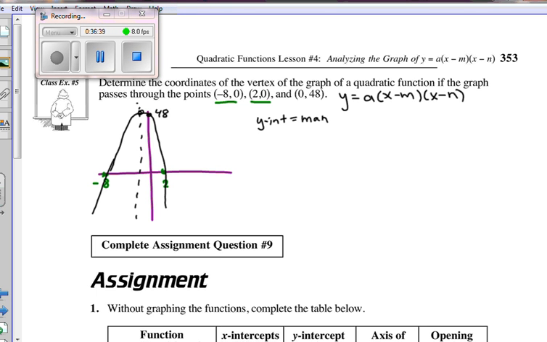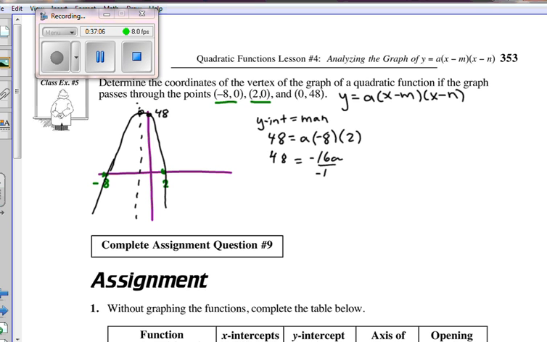Okay, what's our y-intercept? 48 is going to equal a times, what's our m value? -8 times +2. Okay, so that's -16. What do we do to both sides?